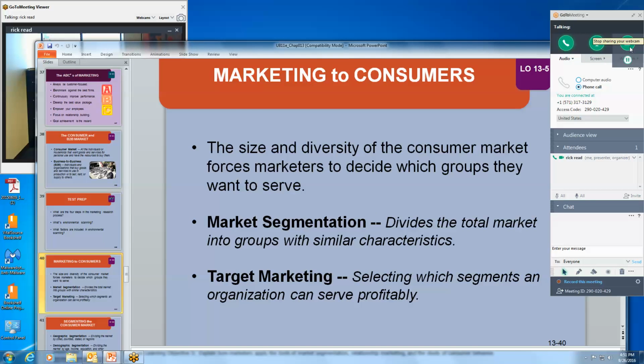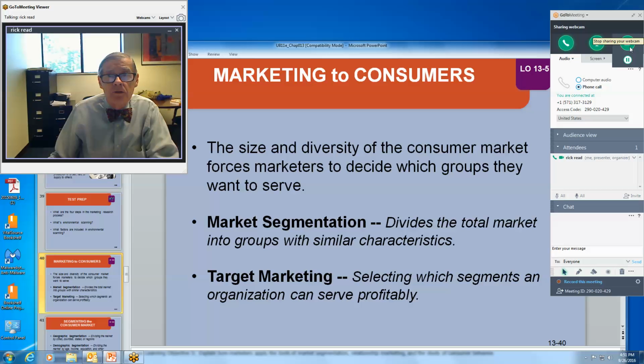So in marketing to consumers, we're going to have a little bit different approach here because there's a difference in the size of the market and there's a difference in the diversity of the market. And because of that, the producer can decide where he or she wants to put efforts to reach a certain part of that market.